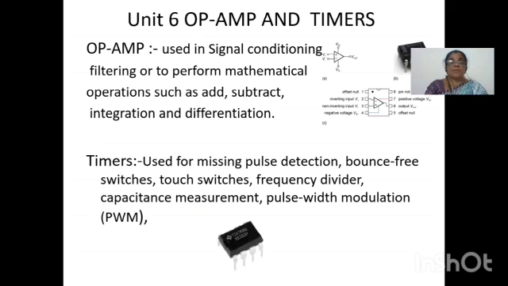In the last chapter, that is operational amplifiers and timers, you will be having an understanding of what is an op-amp, which is basically used for mathematical operations like addition, subtraction, integration, differentiation, etc. And also the timers, which are used for missing pulse detection, bounce free switches, touch switches, frequency divider, capacitance measurement, pulse width modulation, etc. Sounds interesting, right?